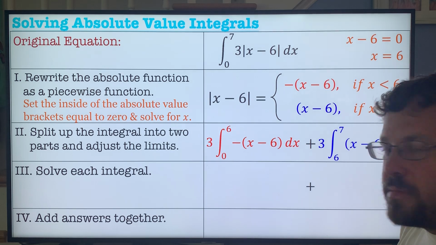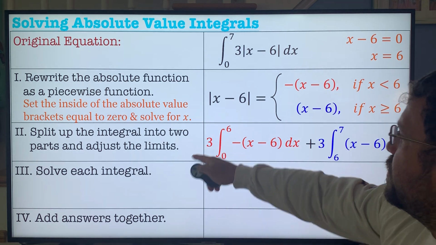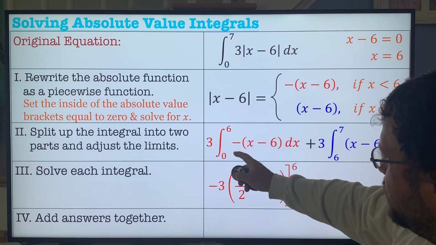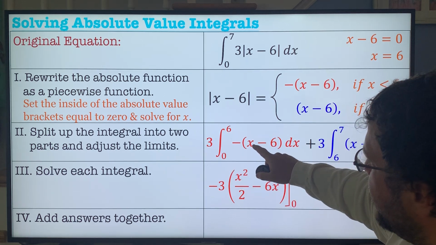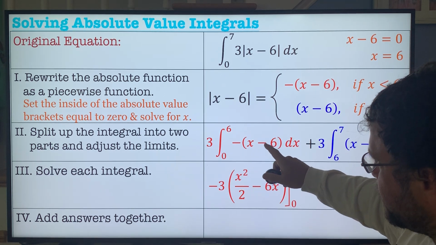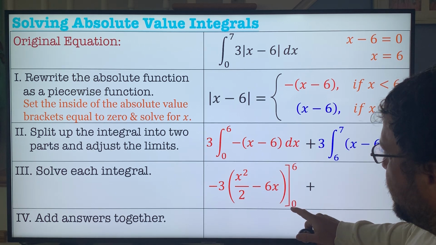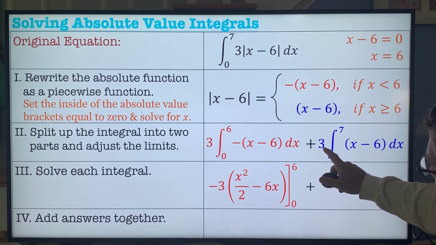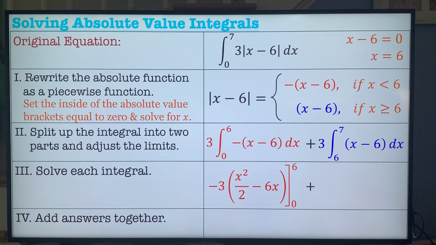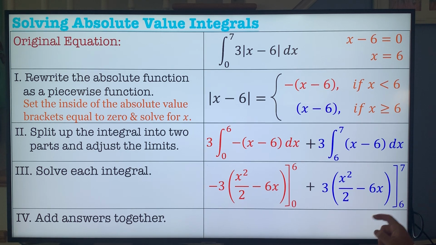Any questions? Pull that negative out. So you got negative 3, integral of x minus 6, x squared over 2, minus 6x, from 0 to 6. All right, integral from this to this, right? The 3's already out, right? X squared minus 6x, from 6 to 7.